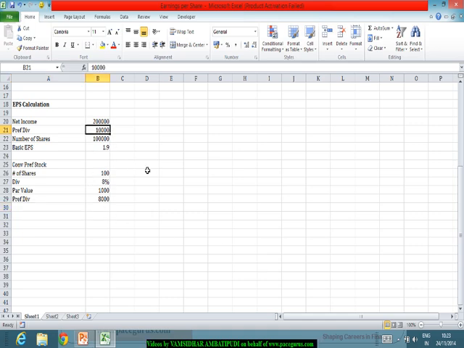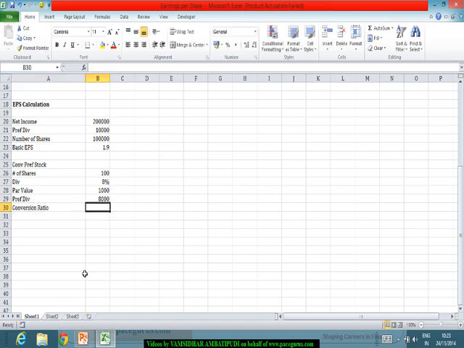Overall there was a 10,000 preference dividend, which means 2000 worth is not on the convertible preference stock but on the regular, non-convertible preference stock the company has given. But this 8000 is on the convertible preference stock. So if this gets converted into equity, this 8000 need not be paid, right? Now I have to understand the conversion ratio.